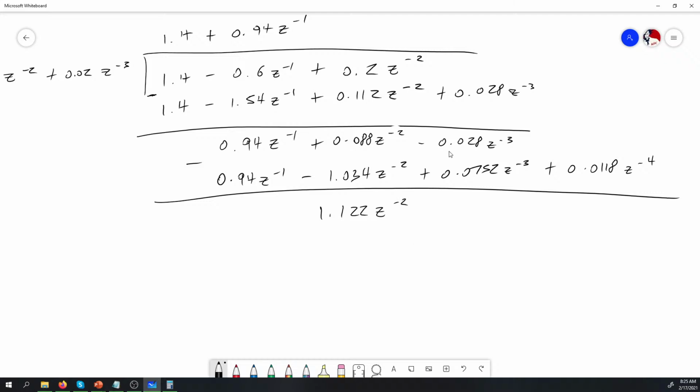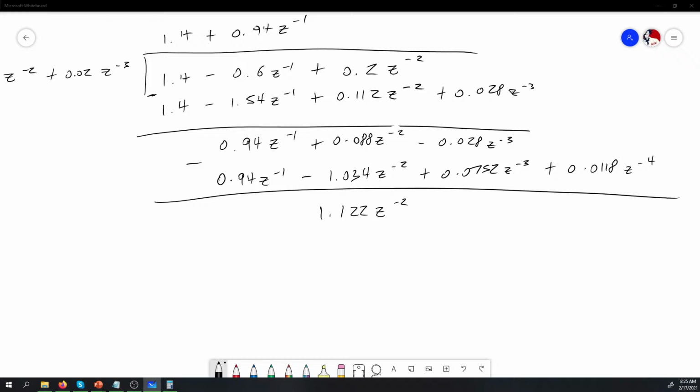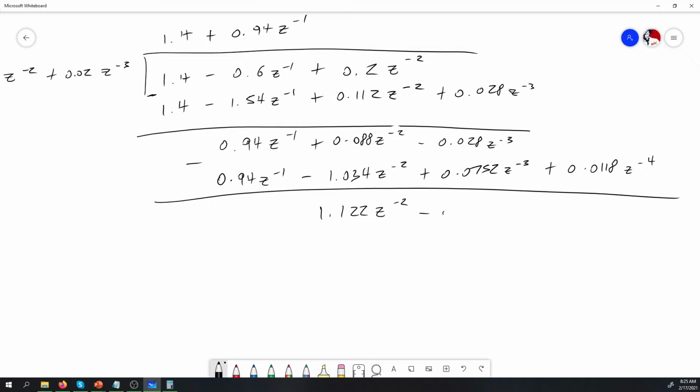Then for the z to the minus 3 terms, we have minus 0.028 minus 0.0752. We calculate that out, and we get minus 0.0472 z to the minus 3.